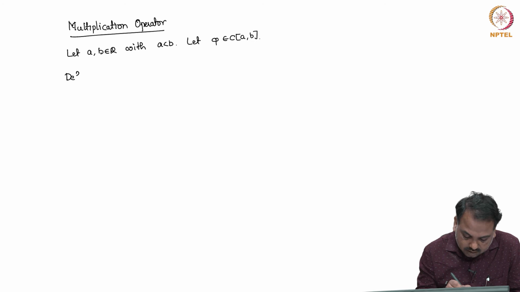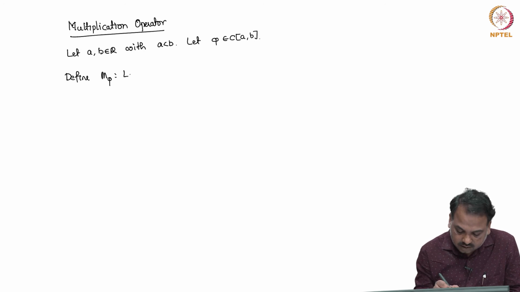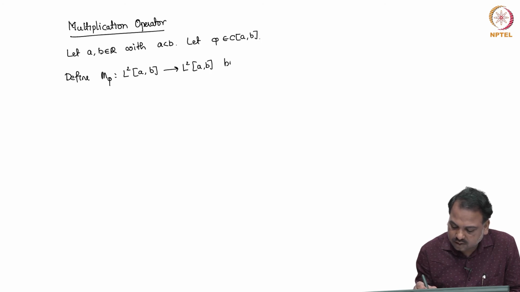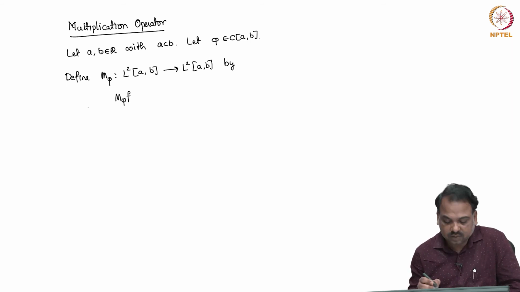Define an operator which depends on phi, which we call M suffix phi, from L2 of [a, b] into L2 of [a, b] by: M phi at f should be a function in L2.